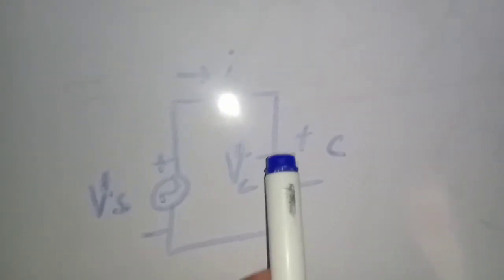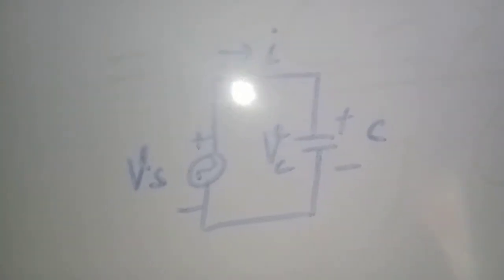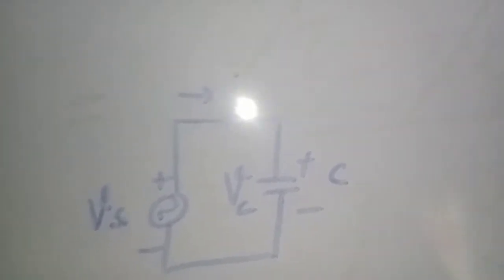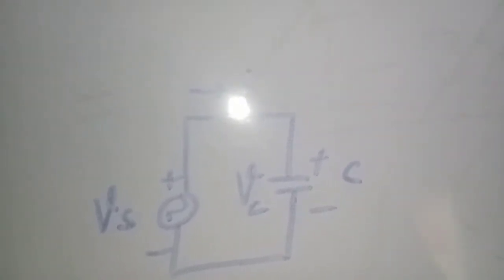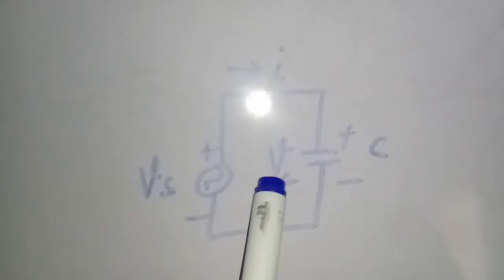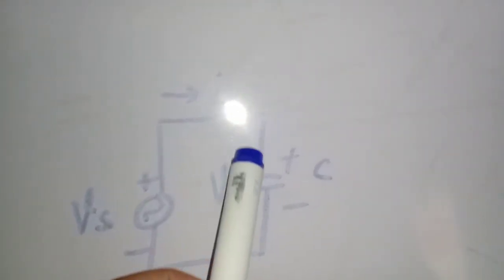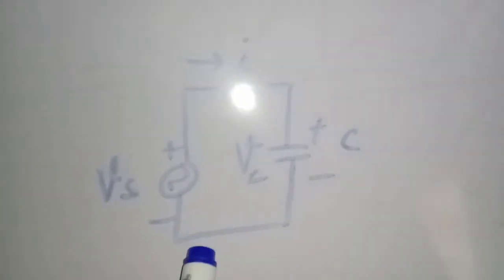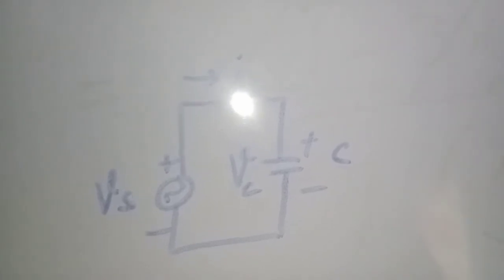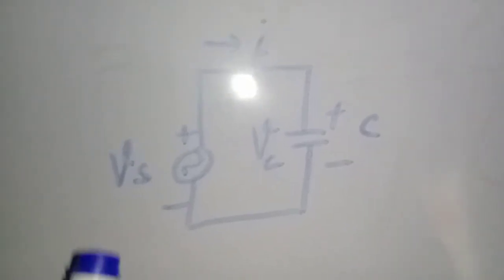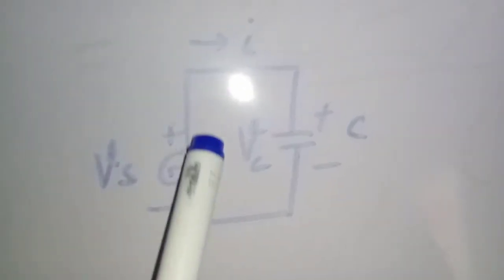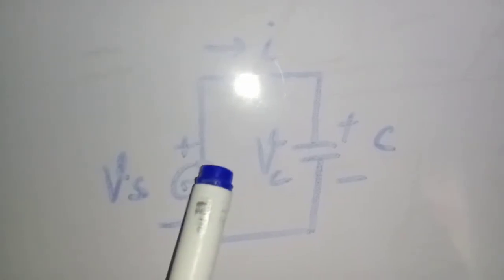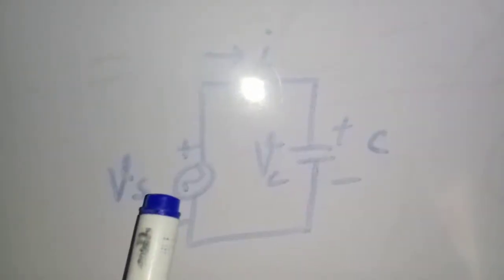There is a voltage drop across the capacitor because a capacitor is a passive circuit element, and the property of a passive circuit element is that when voltage is applied across it, there is some voltage drop across it. Active and passive circuit elements were already discussed, but I repeat: a passive circuit element takes energy from the source voltage, and an active circuit element delivers the energy.